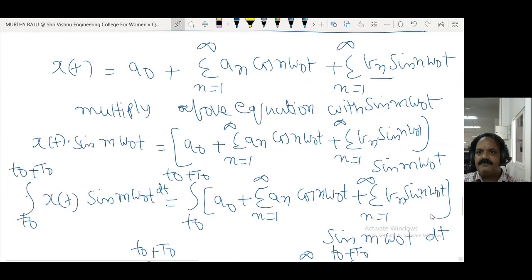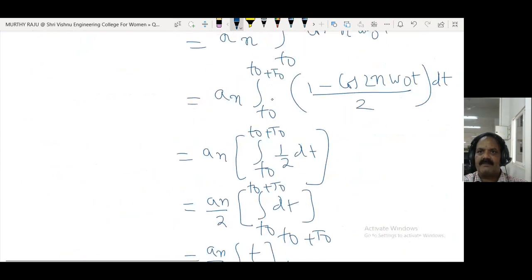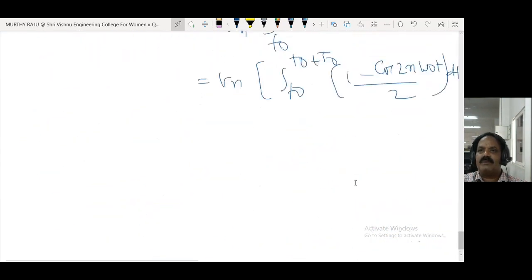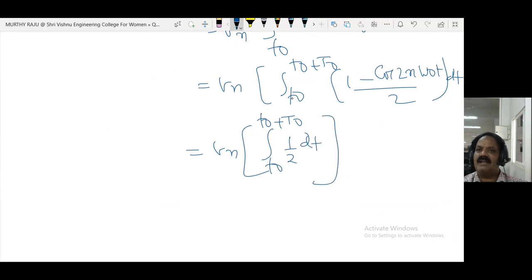Here bn into the integral from small t naught to small t naught plus capital T naught of 1 by 2 dt. The remaining term, the integral of cos 2 n omega naught t by 2 dt, has value 0.